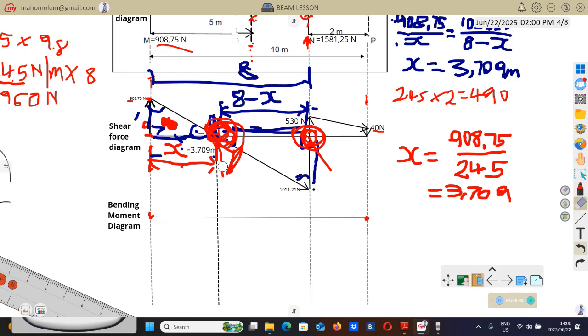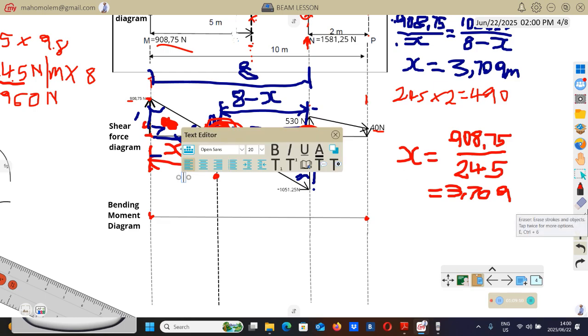Let me erase this thing here. Then you will come somewhere here, maybe somewhere here, this point here at point X. We said that the bending moment is 1685.36.